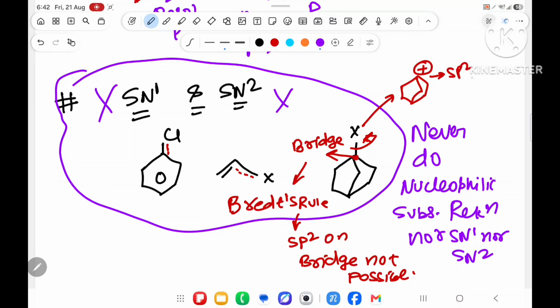And sp2 hybridization, planar, is not possible, which I have already explained in GOC in the class. Those who are not present in the class, I will explain in the lecture also. I have started GOC parallelly. So SN1 and SN2 will never happen with aryl, never with vinyl. Vinylic, because plus will come on the double bond, not possible. Aryl, vinyl and bridge, never ever possible.